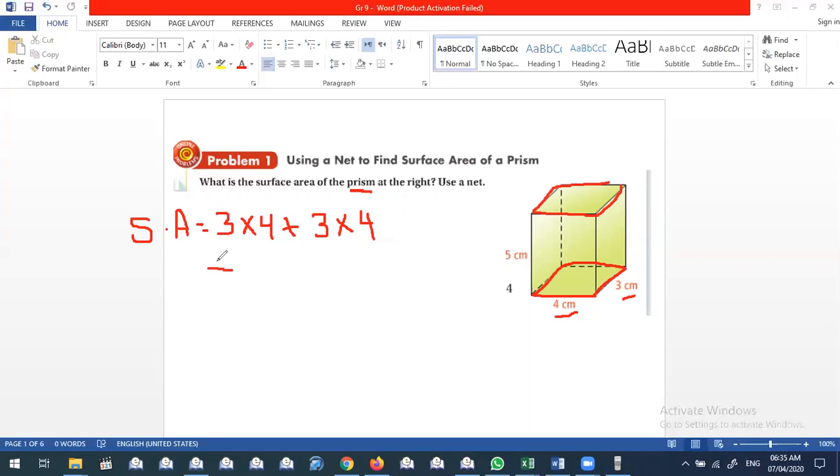Plus, let's find another face. Like this one. This face, the width is 3. What about the length? The length is 5. Yes. So it will be 3 times 5 plus 3 times 5 again.